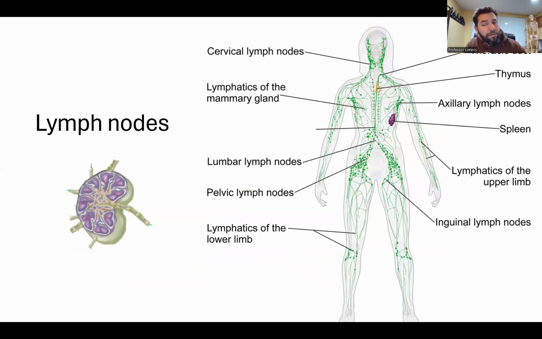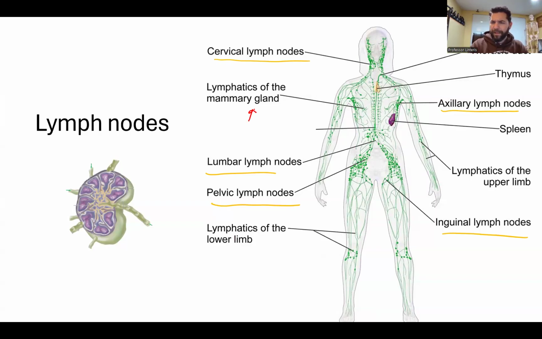We have lymph nodes all over the body. We have a lot of them, right? They're in different areas. We've talked about cervical. We've talked about inguinal. We have some in the pelvis. We have some in the lumbar region. We have some by the axilla, right? By the armpit. And we also consider some of these bigger organs.